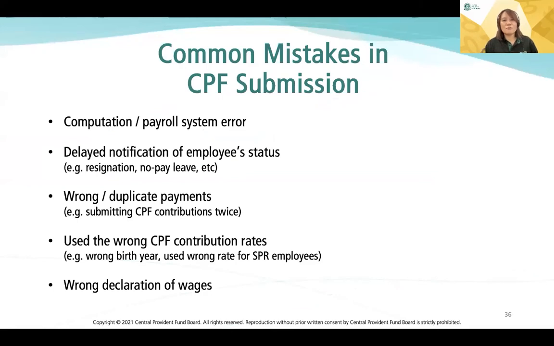So some of the common mistakes in CPF contribution are computation and payroll system errors. If you are using CPF Easy Pay, this will be minimized because everything is auto computed. But for probably a minority of you who still go through manual calculation, like using the Google calculator to calculate, let's say, 37% of your wage, maybe along the way you calculated wrong.